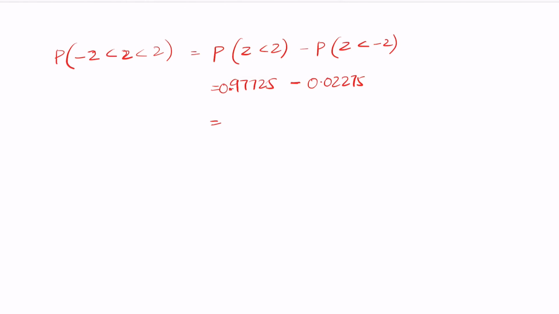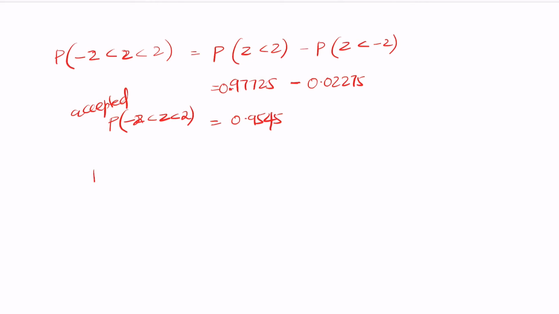So let's find out the value, 0.97725 minus 0.02275. So that gives you 0.9545. So this is the probability of -2 less than z less than 2. So this part is the accepted part.